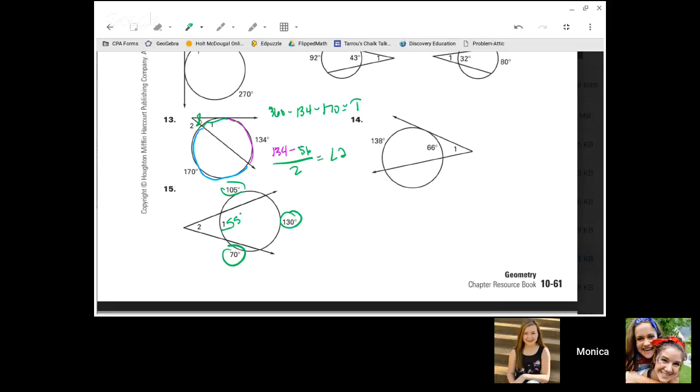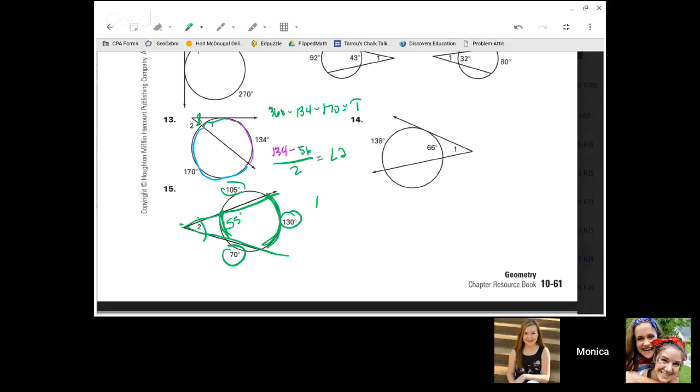Now to find angle 2 back here, we're going to do the same thing we did up there on 13. You're going to take the big arc that is intercepted by those, okay? So these sides here that make that angle, those 2 secants, they intercept this big arc, this 130, and this small arc, this 55.